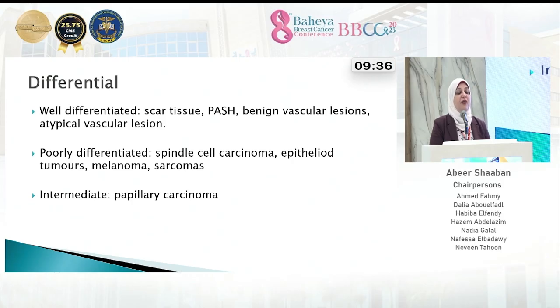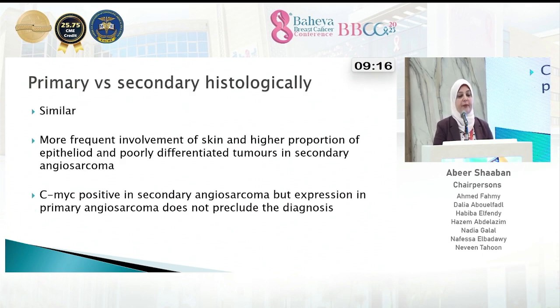So the differential of angiosarcoma, the well-differentiated ones, the differential can be PASH, scar tissue, benign vascular lesions, and atypical vascular lesion. The poorly differentiated one, spindle cell sarcoma, epithelioid tumors, melanomas and sarcomas, and intermediate papillary carcinoma. Can we tell down the microscope if it is primary or secondary?